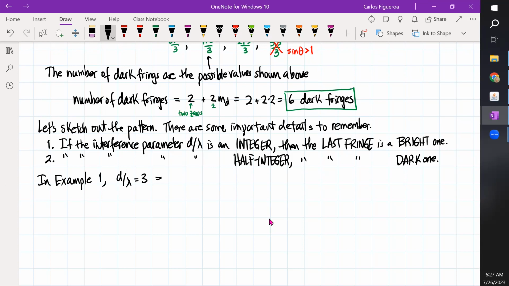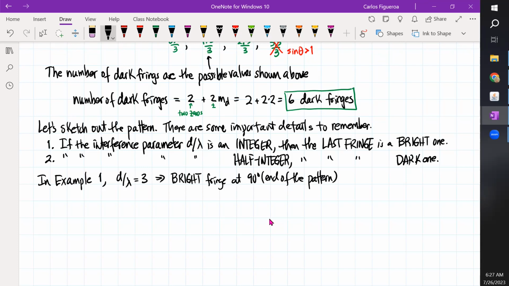So this immediately tells us that there's a bright fringe at 90 degrees, which means that it's the end of the pattern.